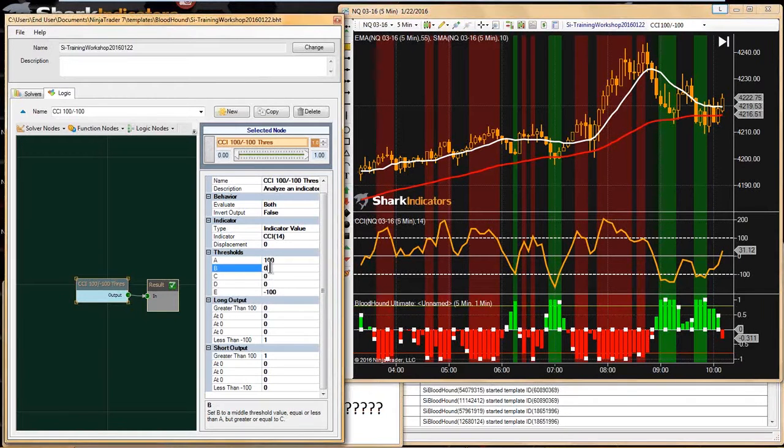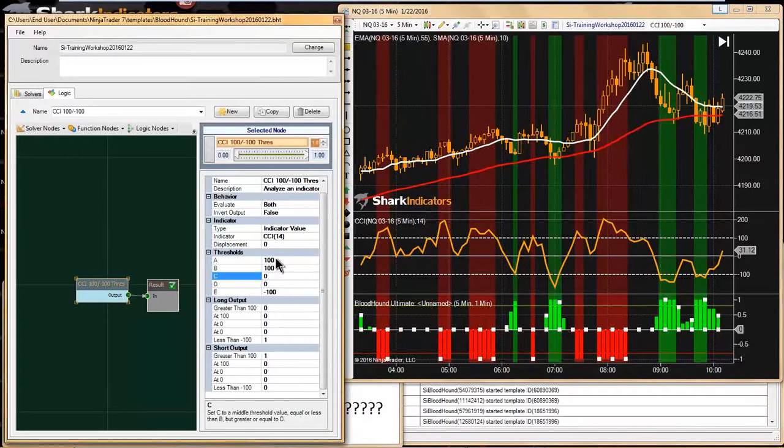To get rid of that, we can set A and B to 100. You set A and B to your first threshold level, and then you set D and E to your other threshold level, like so.